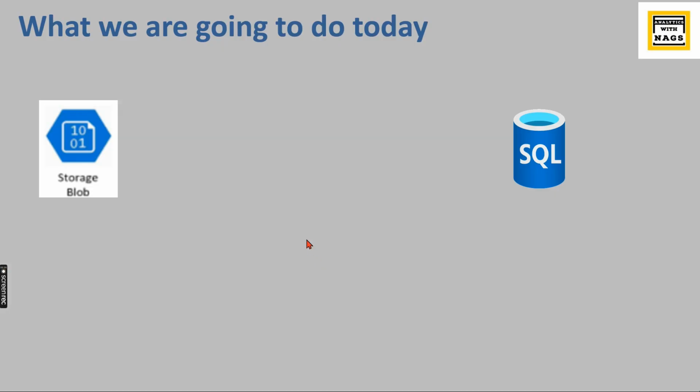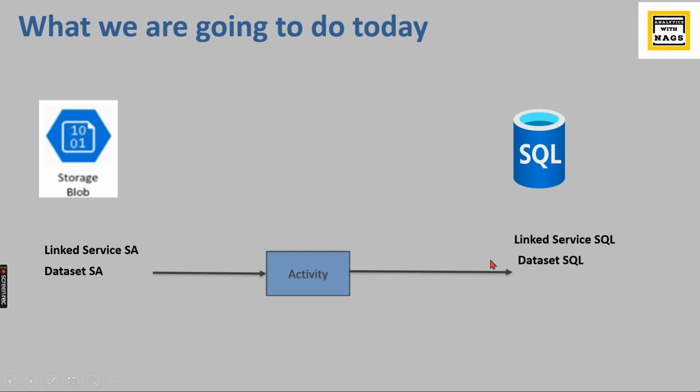So, a quick recap of what we did. We already had files in the storage account, and we created SQL Server because we didn't have one, and we created the SQL Server and the database. Then in the data factory, we created linked services and a dataset for the storage account, and we created a linked service and dataset for the SQL table.